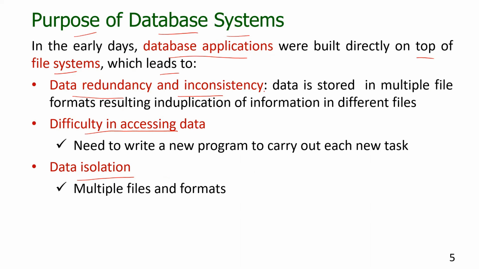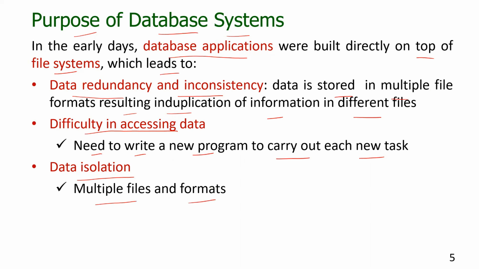Data redundancy and inconsistency: data is stored in multiple file formats, which results in duplication of information in different files. Difficulty in accessing data: we need to write a new program to carry out each new task. Then data isolation due to multiple files and formats.